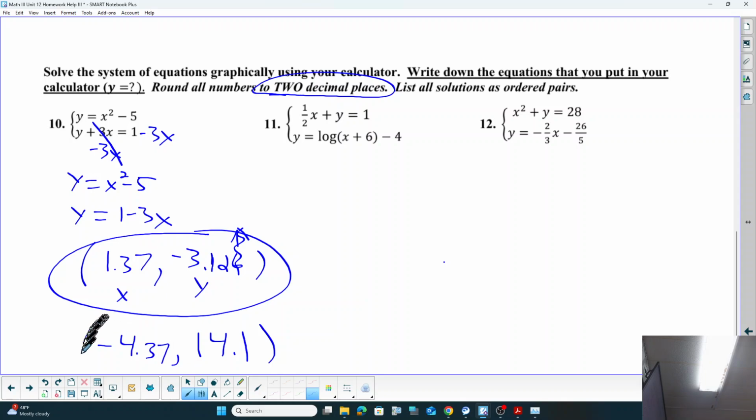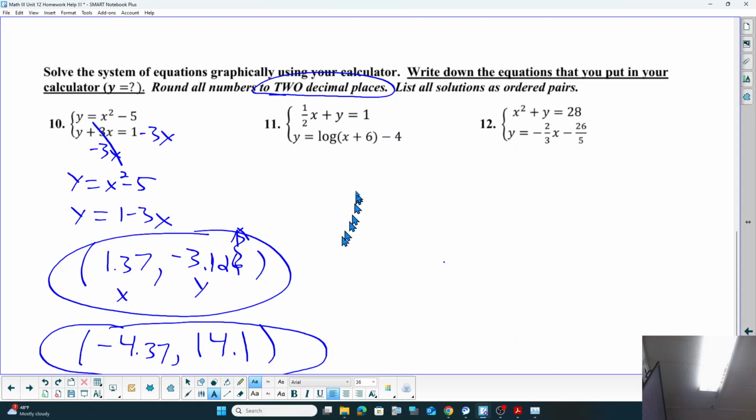Try each of these on your own, and then enter. Use the intersect option. So again, what you do is y1 equals, y2 equals, plug in your calculator.